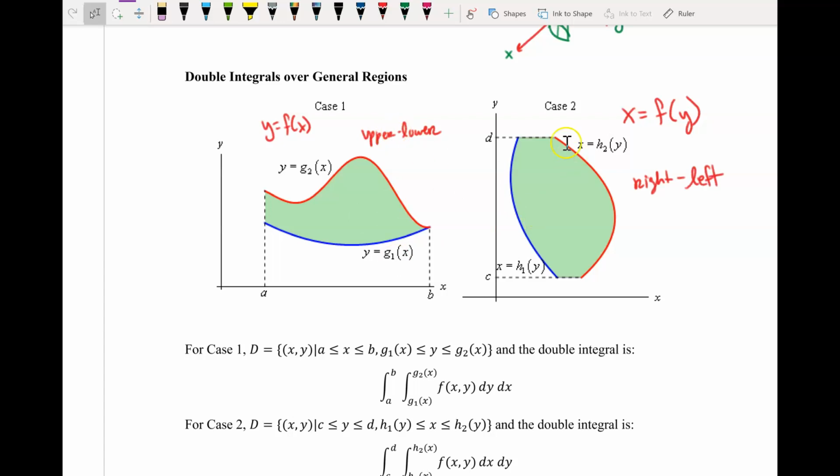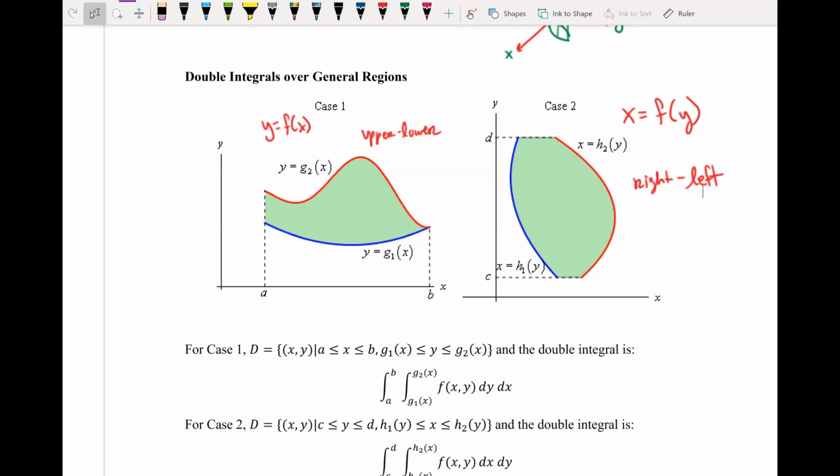So you have two different cases, and it really depends on what you want to do. Typically you can make any general region into either case, but one is always going to be easier than the other. So we'll take a look at what that looks like.